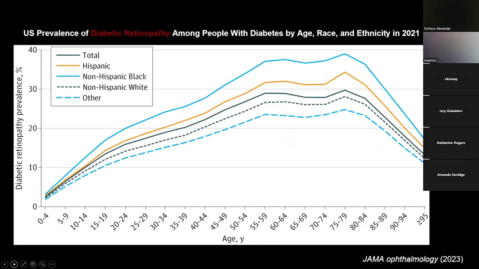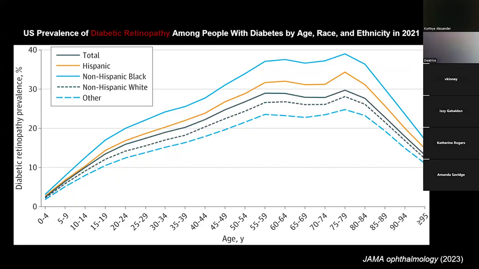Okay, so this is the JAMA Ophthalmology research I mentioned, published in 2021. This shows, in the US specifically, across different age groups, from teenagers, young adults, adults, and also seniors, the percentage of population being affected by diabetic retinopathy.